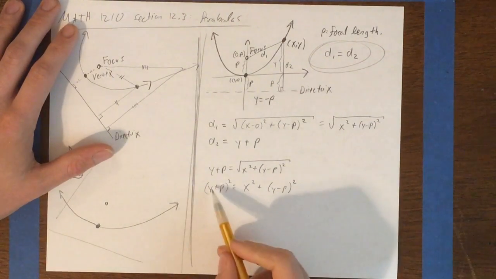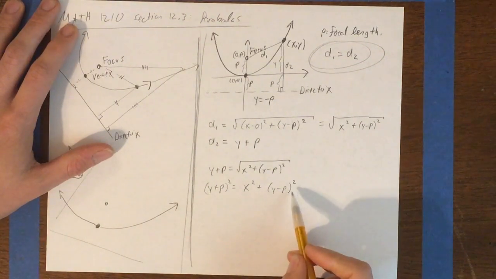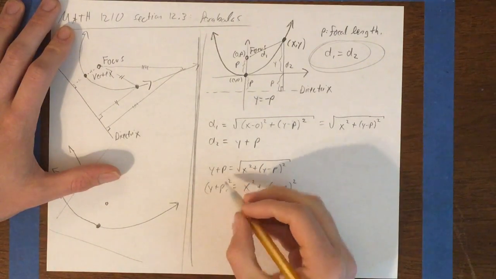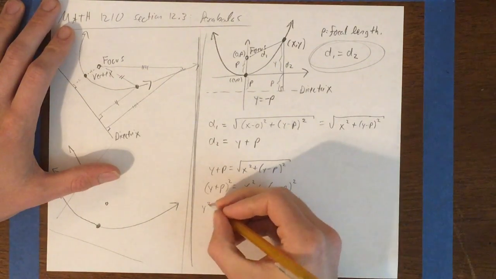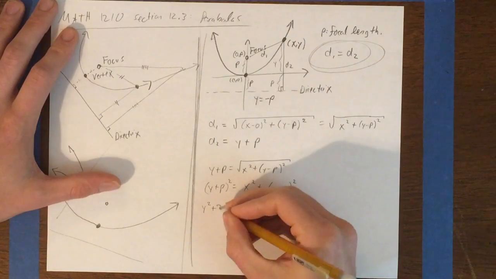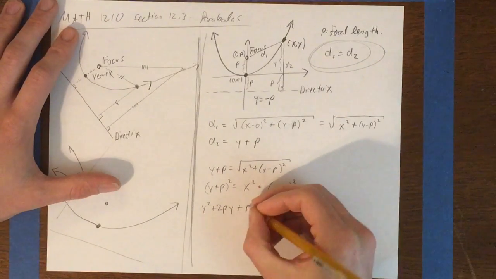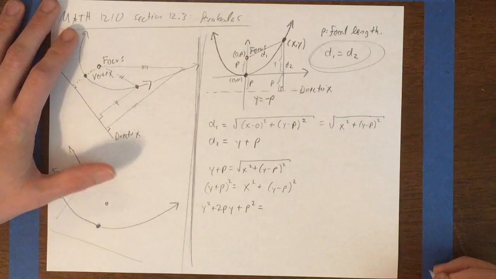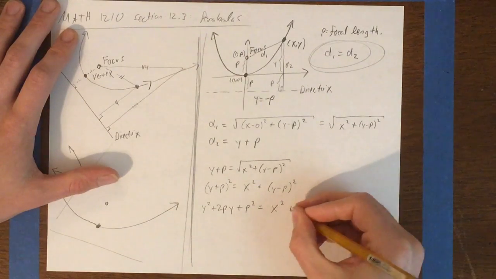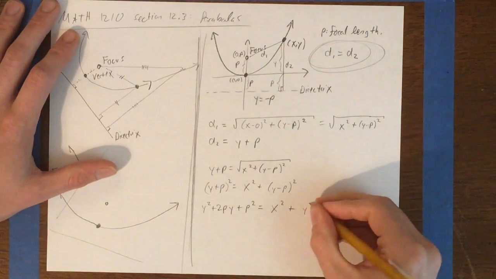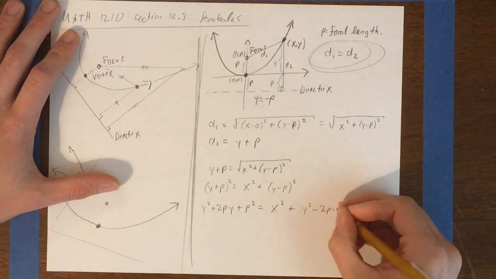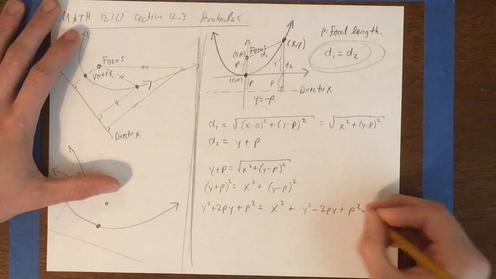I think the next thing I want to do is go ahead and expand these squares. You can FOIL this if you want, but you should end up with y squared plus 2py plus p squared on the left. And then on the right, we still have the x squared, but then this is going to be y squared minus 2py, but still plus p squared.